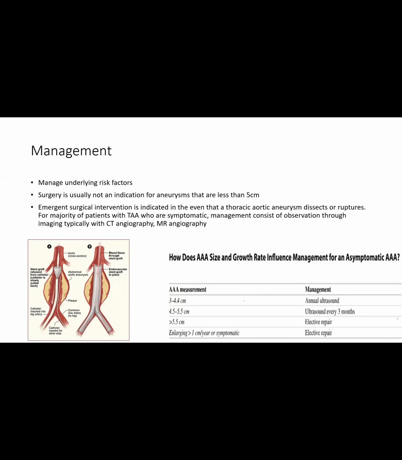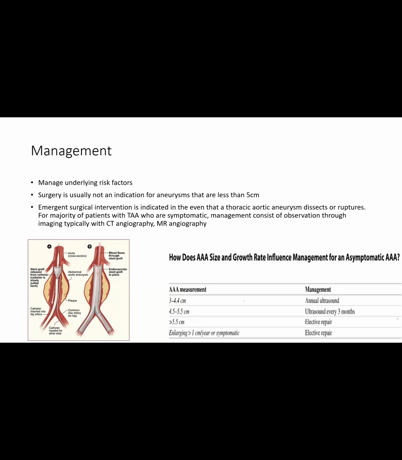And also emergent surgical intervention is usually indicated in the event that a thoracic aortic aneurysm dissects or ruptures. In those cases, for the majority of patients with thoracic aortic aneurysm who are asymptomatic, management usually consists of observation through imaging, typically via CT angiography, MR angiography as well.